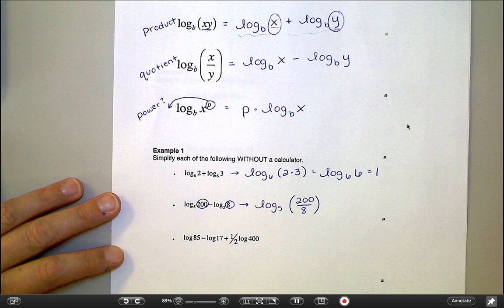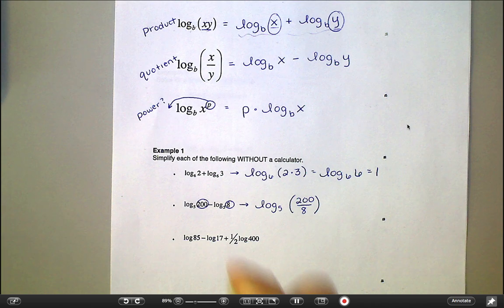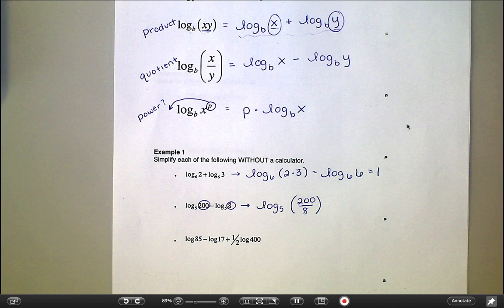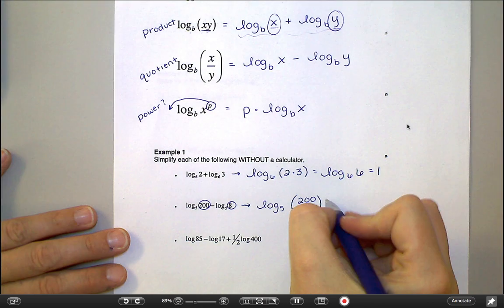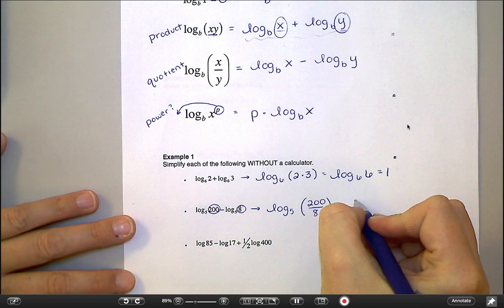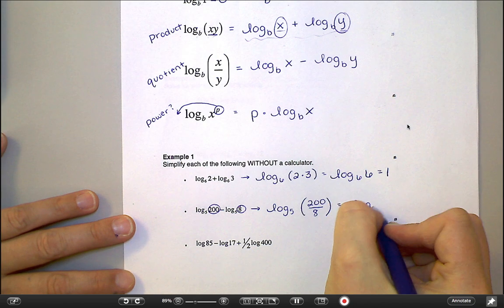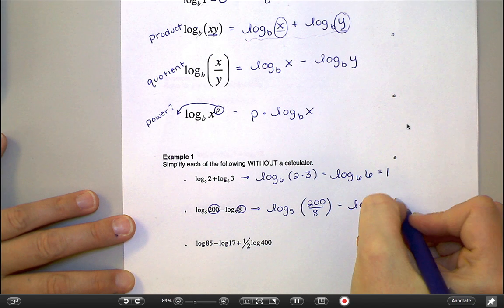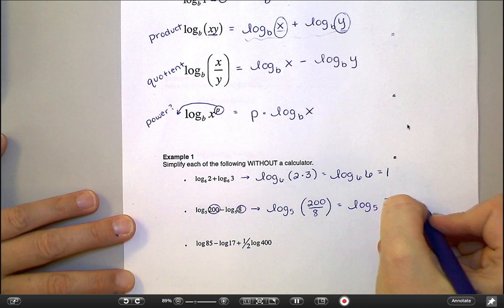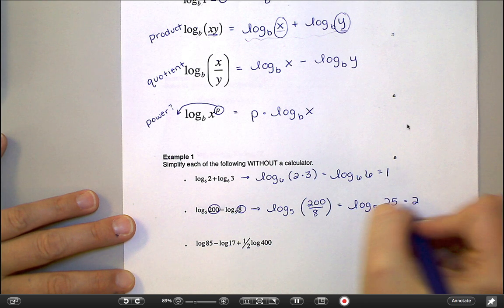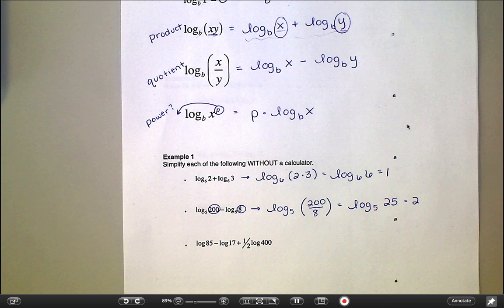Okay, and I can put them back to being division because it was subtraction originally. 200 divided by 8, I believe, is 25. Yep. So this would be log base 5 of 25. And then the answer to that would just be 2, because 5 to the power of 2 is 25. Okay, so that's how these rules are going to come into play here.